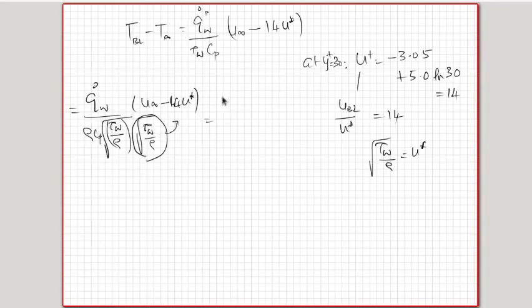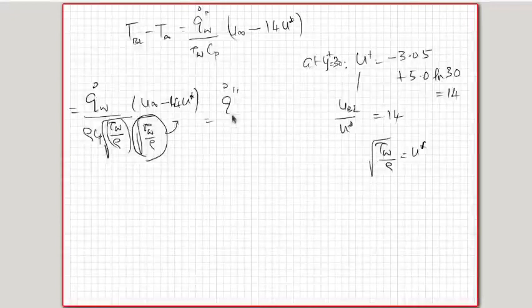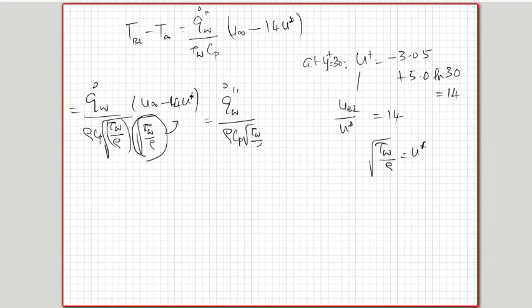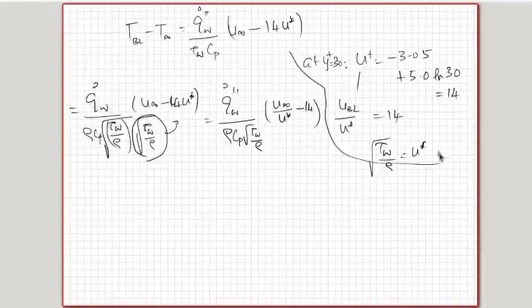So this will become q dot wall divided by rho Cp square root of tau wall by rho, which is quite similar to that, multiplied by u infinity by u star minus 14. Right, so now this expression has become quite similar to that.